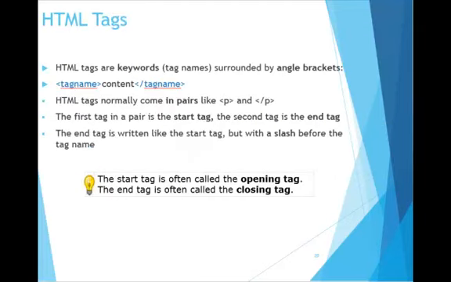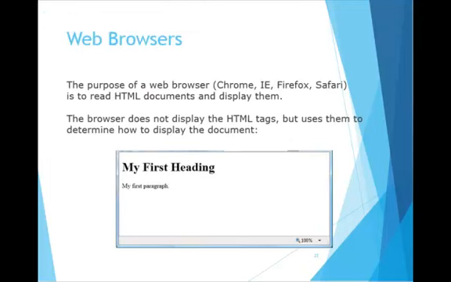HTML tags are keywords or tag names surrounded by angle brackets. For instance, tag name, content, and then close tag name. They come in pairs, and the first tag in a pair is the start tag, where the second is the end tag. The end tag is written just like the start tag, but with a / before the tag name. The purpose of a web browser such as Chrome, Internet Explorer, Firefox, or Safari is to read HTML documents and display them.